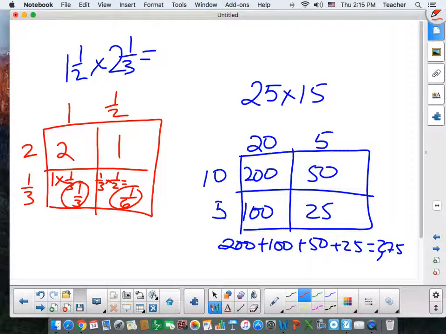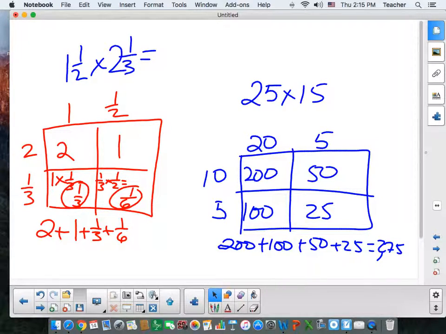This now becomes 2 plus 1 plus 1/3 plus 1/6. When you're adding fractions, you need common denominators, correct?